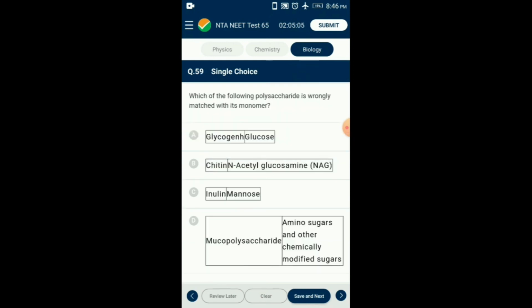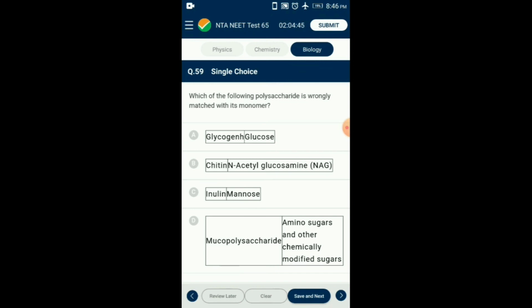Question number 59. Which of the following polysaccharides is wrongly matched with its monomer? Glycogen, glucose, it is correctly matched. Chitin is made up of N-acetyl glucosamine, that is also correctly matched.